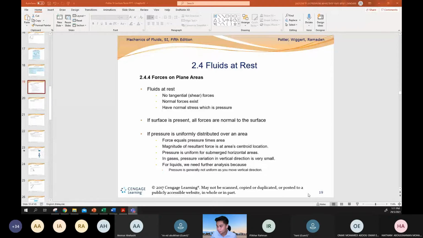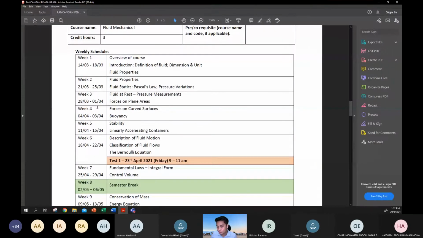Right. So for today's session, let me open back the course information. Can you see this course information? So we are in week 3. This week we are supposed to learn fluid at rest, which we covered last week. That means we are advancing now.